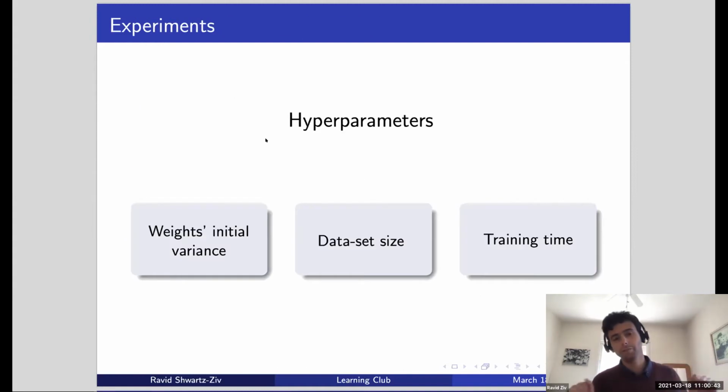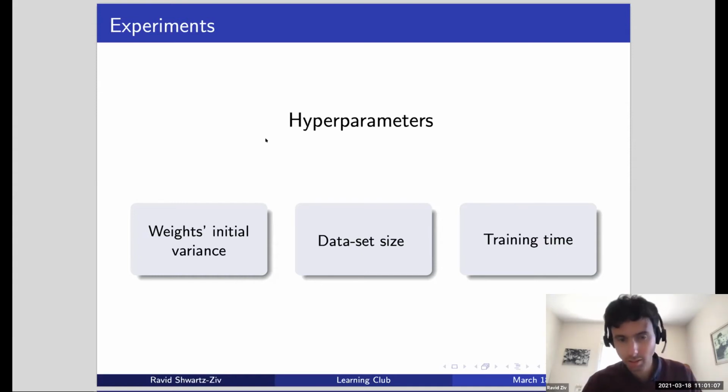So we played with 3 hyperparameters. One is the weight initial variance, right? We remember that we sample our initial parameters from a Gaussian with some variance. Okay, so we can play with this variance.